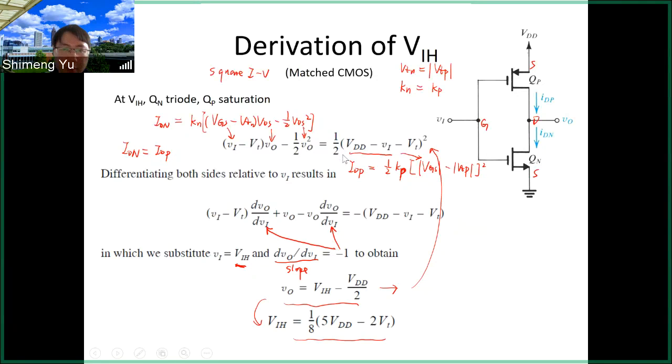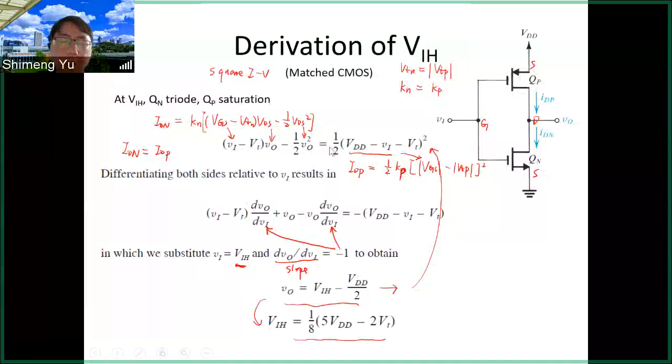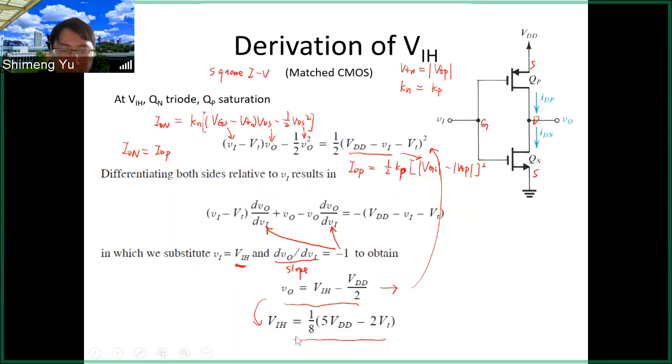It's very tedious, and we will not require the derivation in this class. What you need to know is this final conclusion. If you have the matched condition and assume the square law IV, then the VIH can be analytically represented by this one. It only depends on the power supply VDD and the threshold voltage.